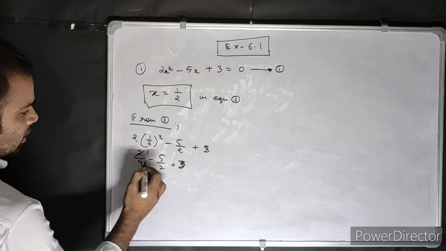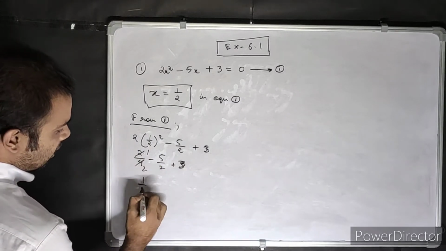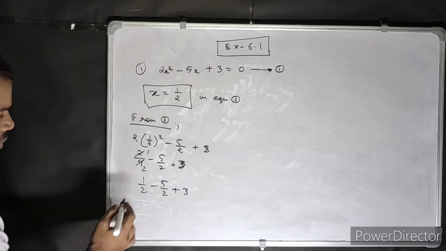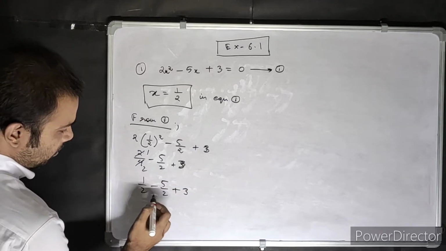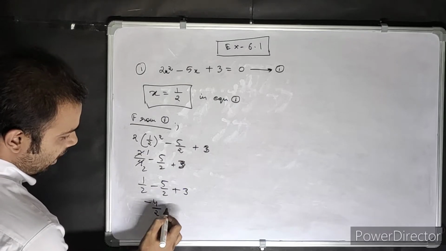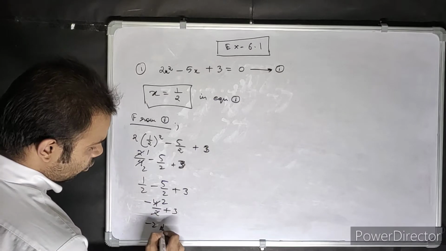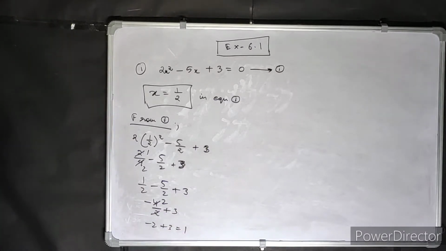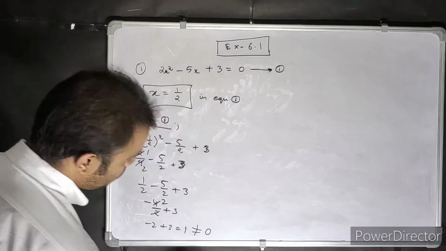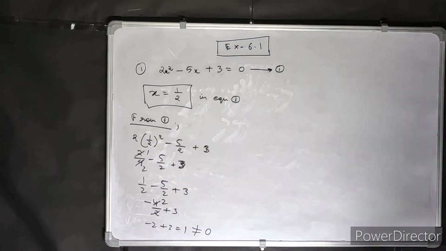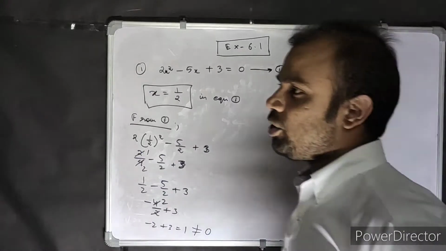That is 1 by 2 minus 5 by 2 plus 3. So what does this become? This becomes minus 4 by 2 plus 3, that is minus 2 plus 3, which is equal to 1. So that is not equal to 0. So 1/2 is not the solution for this particular equation.